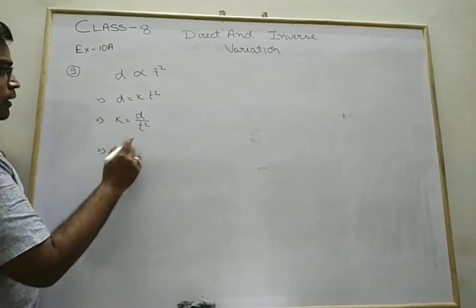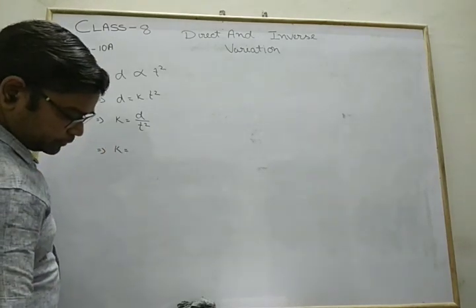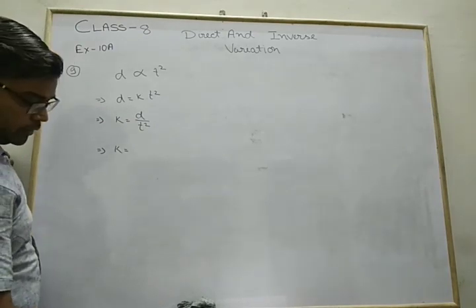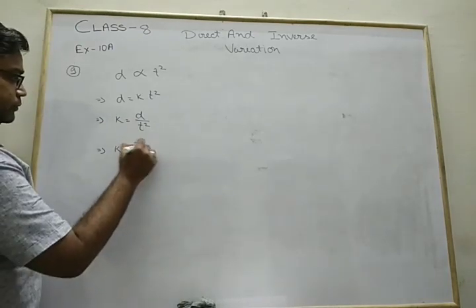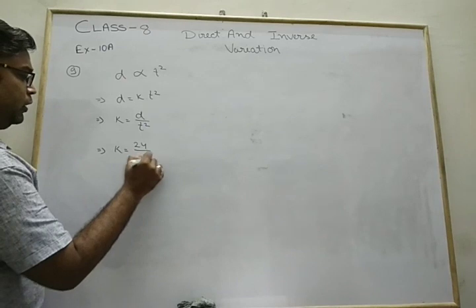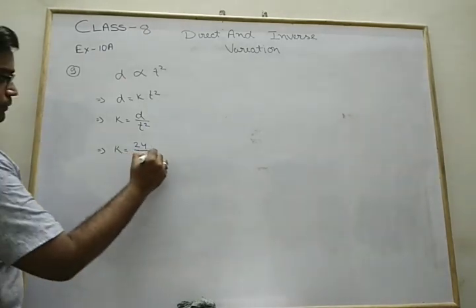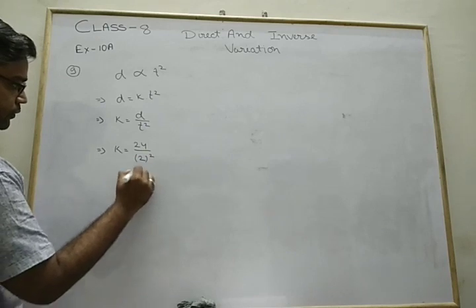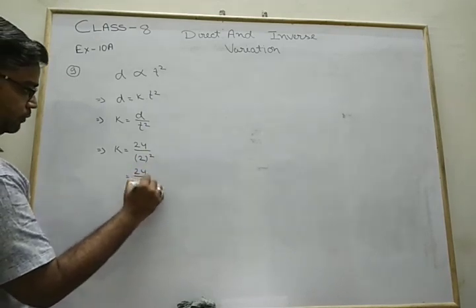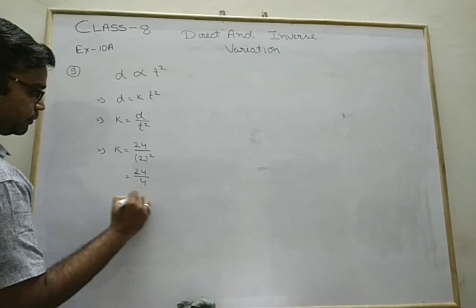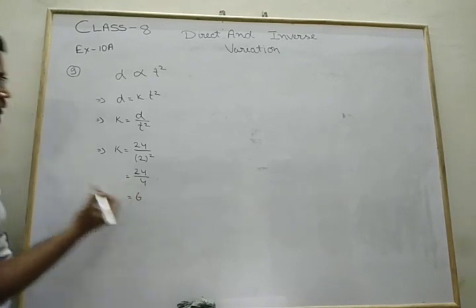We know that t is 2 seconds, so d is 24 meter, and 2 square. So 24 upon 4 is 6, it's a constant 6.